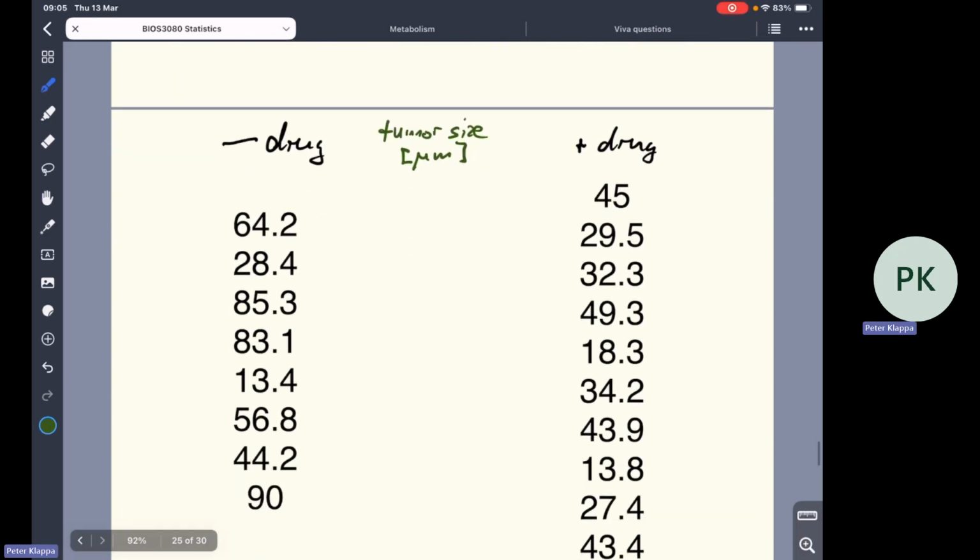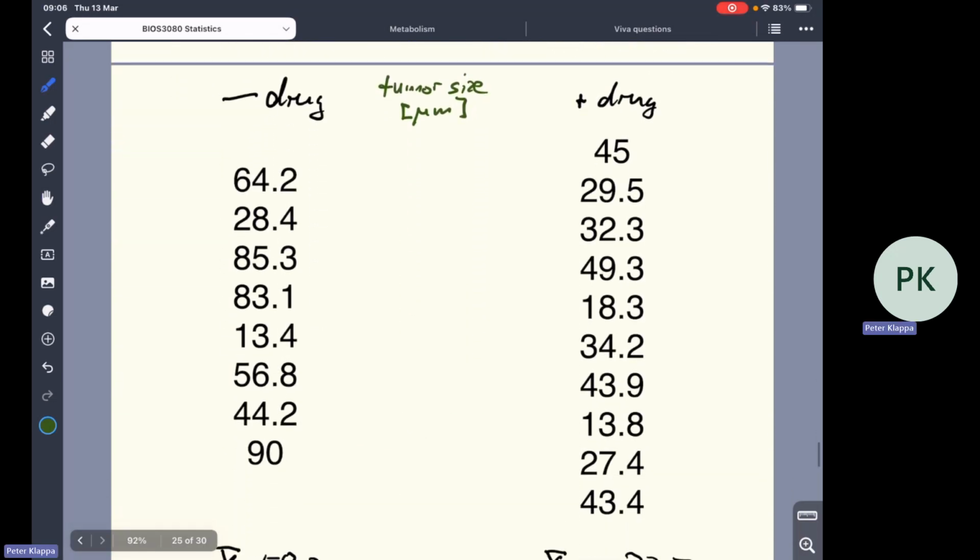And I also showed you last week that we could, for example, have a drug treatment where we look at the size of a tumor. We have 8 people who did not get the drug, and we have 10 people who got the drug.